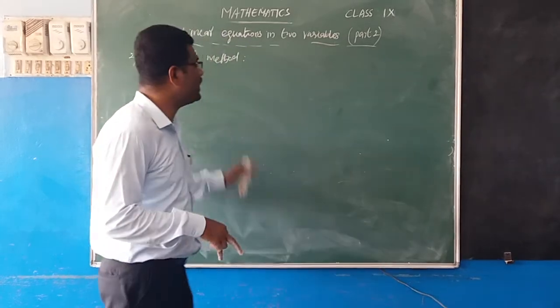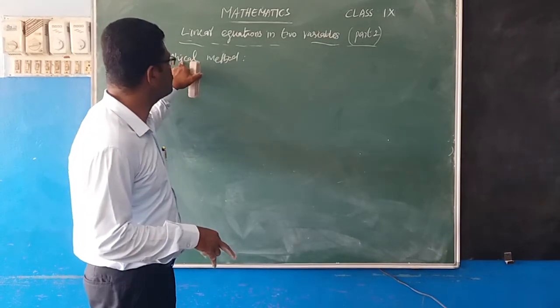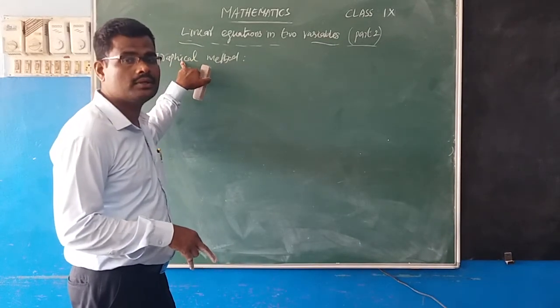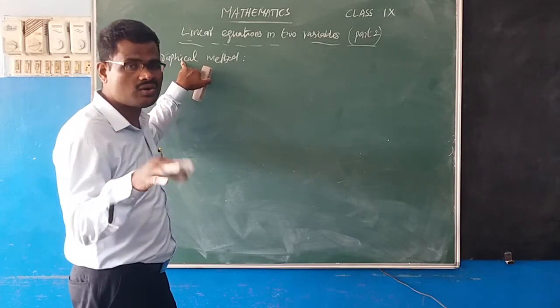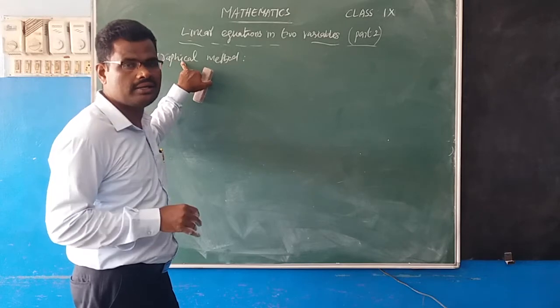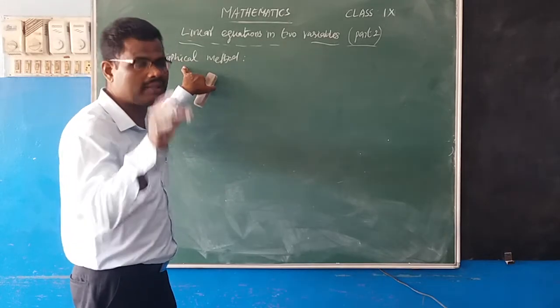After drawing, the graph is called the solution of the given equation. The solution of the given equations can be obtained in two ways. One is the trial and error method, which we saw in the last class. Now this is the second method, the graphical method.